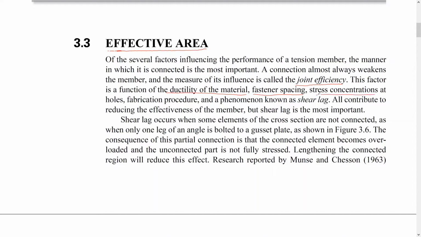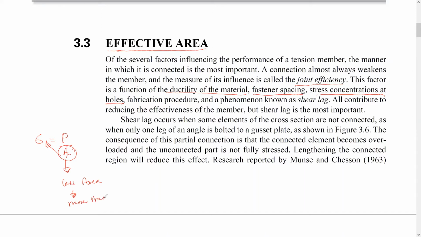Stress concentration at holes: stress is equal to P over A. This is axial stress. If we have holes, that means less area. This area is inversely proportional to the stress, meaning more stress, okay?